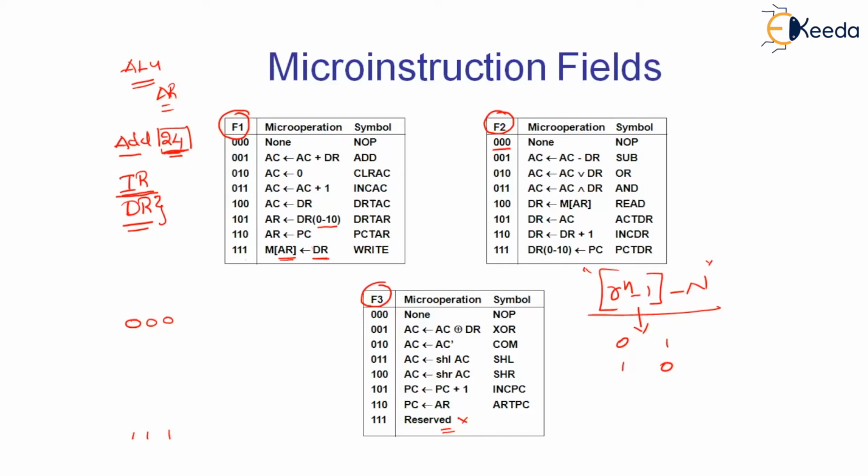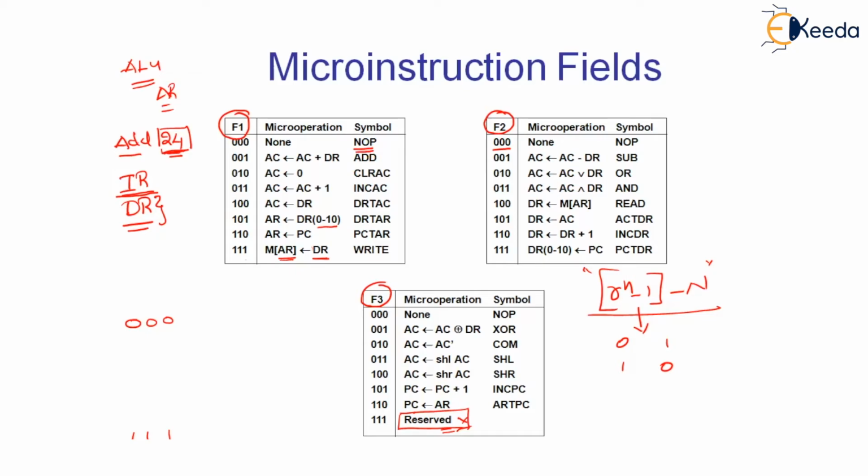Why has this reservation been made? What is the difference between no operation and a reserved location? Most of the time, when a combination in a specific function is not used, it comes under no operation. But what is this reserved?